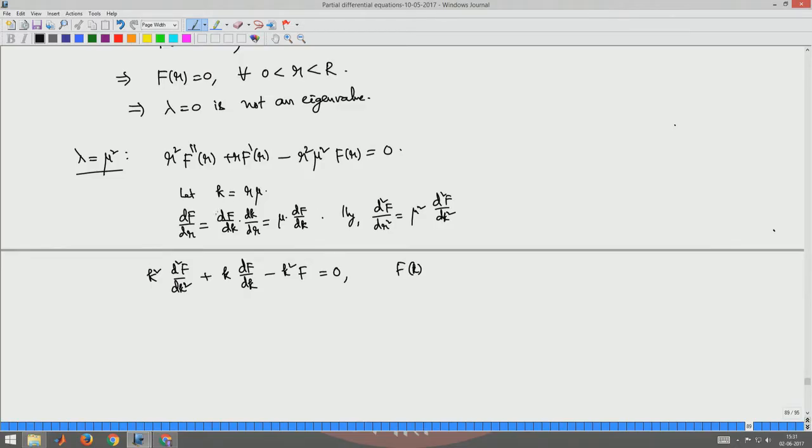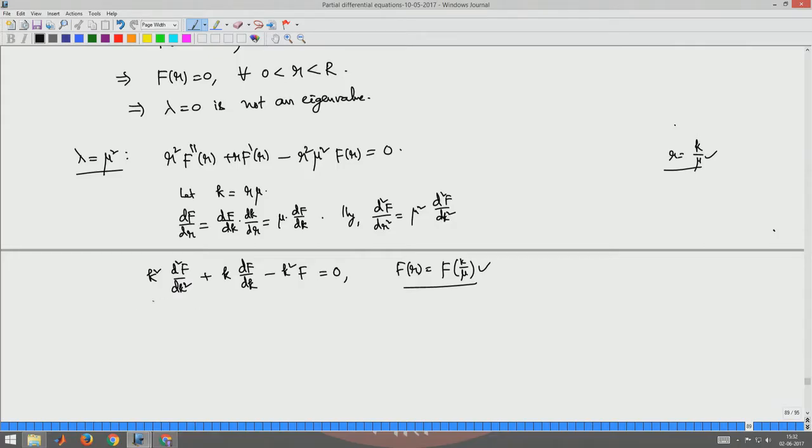Once you replace, f depending on r is actually f of k by mu, since r is k by mu. Mu is fixed, so it is basically some function of k.